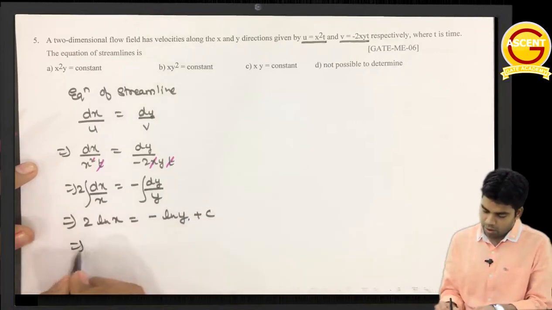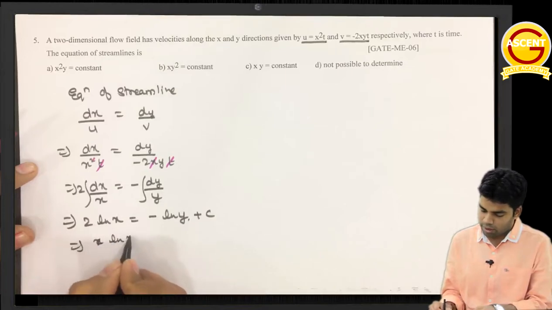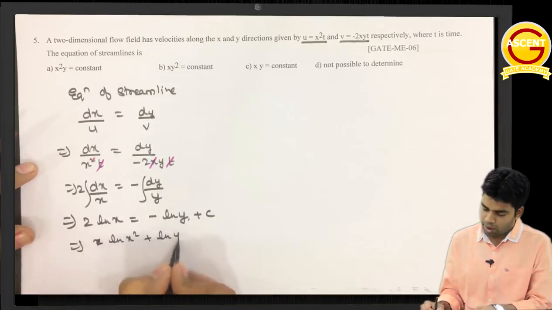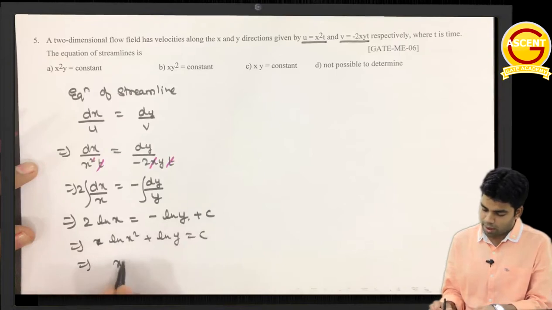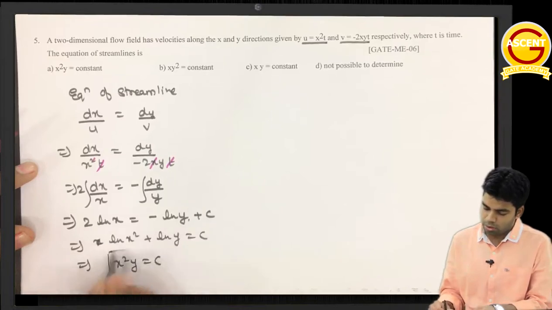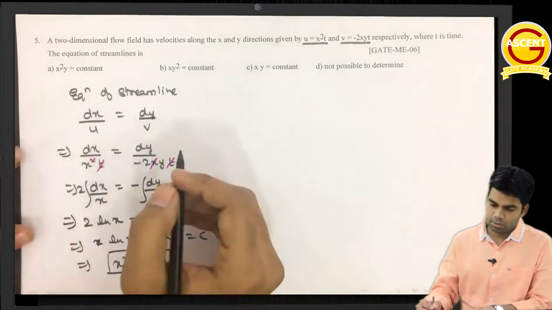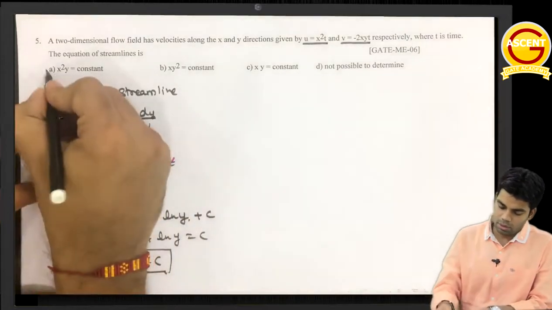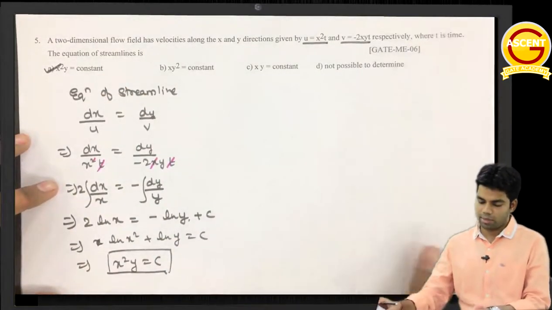Getting this? Now this can be further written as ln of x square plus ln of y is equal to constant, or you can say x square y is equal to constant. So answer should be x square y is equal to constant. A. This is the streamline equation.